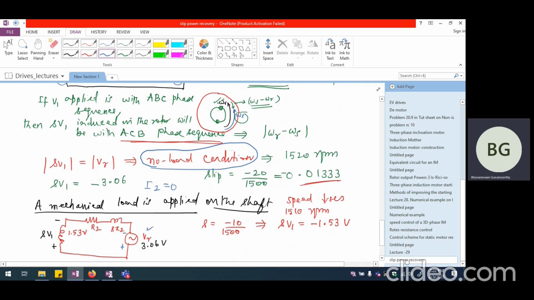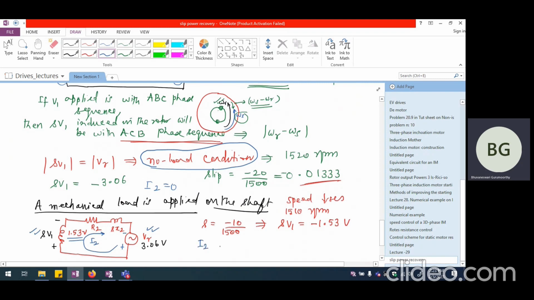And the frequency has to be matched with that of SV1. And because this particular voltage is smaller than this value, we are going to have a current which is flowing in this direction. This is going to be I2.